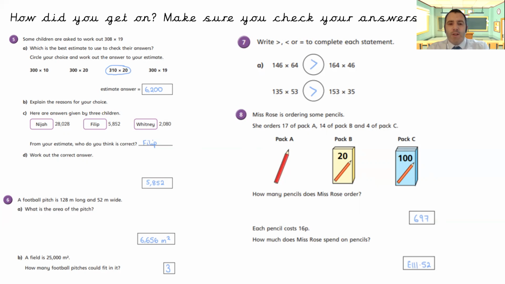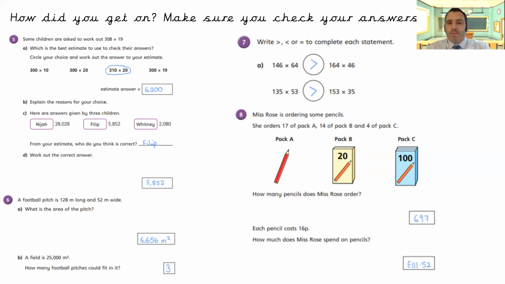So I could round 6,656 up to the nearest 1,000, which would be 7,000. I know that 3 sevens are 21, so 3 7,000s will be 21,000. If I take 21,000 away from 25,000, I've only got 4,000 square meters left over, so I don't have enough space for another football pitch. So I know that 3 football pitches will fit in that space, and there will be some space left over.